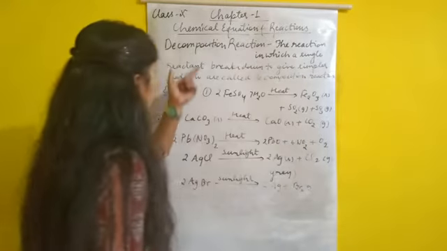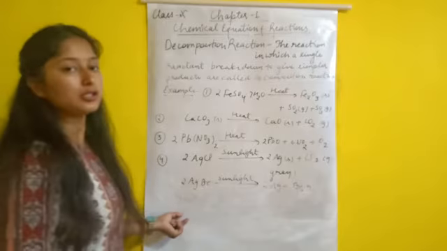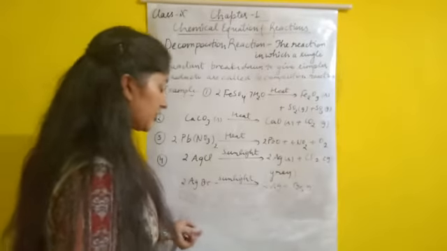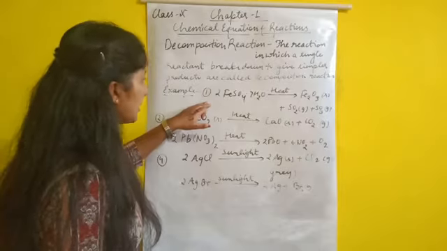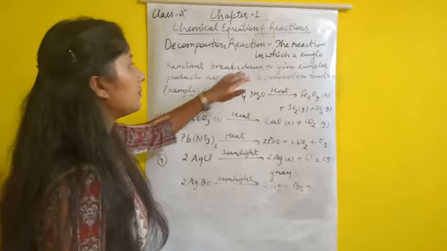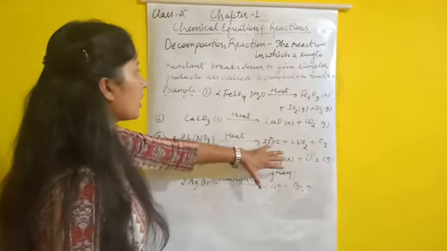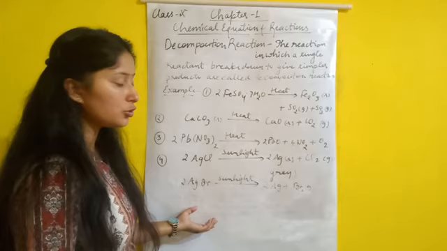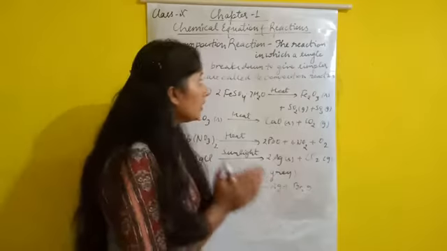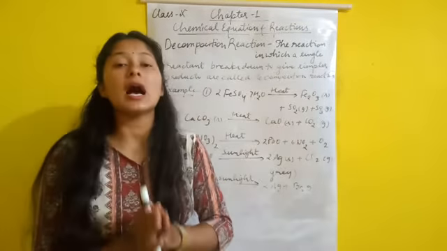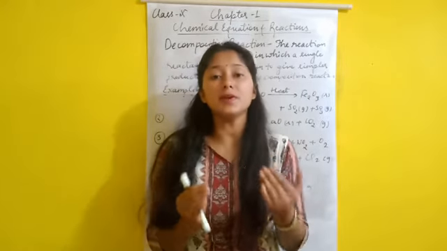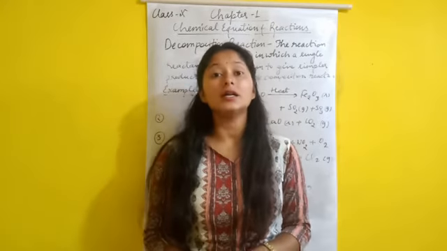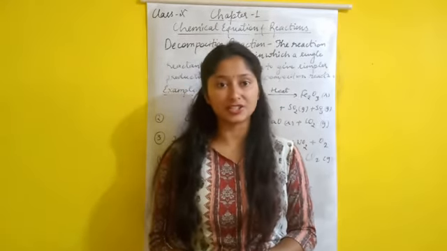So these are examples of decomposition reaction in which a single reactant breaks down to give simpler products. The reaction in which a single reactant breaks down to give simpler products is called a decomposition reaction.